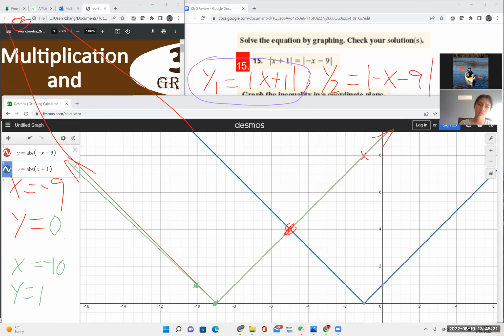Yeah, how to know if there are more solutions or no more? I don't think there should be because they're parallel. Okay, say it again. You think there is just one solution or more than one solution?